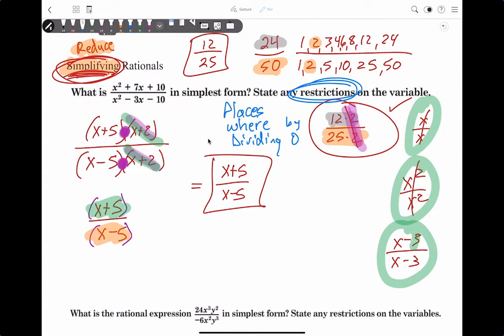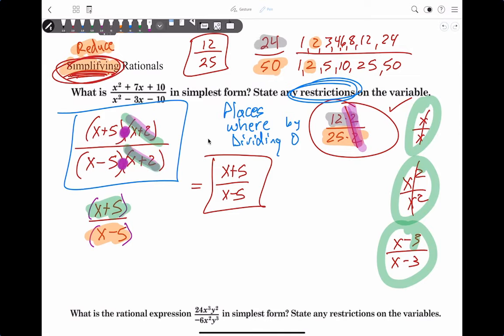We can't divide by 0 because it's undefined. It gives us an undefined domain right there, an undefined piece at that specific location. So in my factored form, this will tell me what my restrictions are immediately. And just a quick review from last week, this would be a removable discontinuity or a hole in the graph.